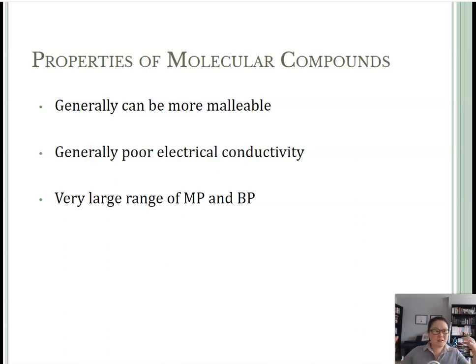And also because of this sharing, and because the molecules can look very differently between different compounds, you're going to have a very large range of melting points and boiling points. So you might see some things that are liquid at room temperature, some are going to be gases, and others are going to be solids.